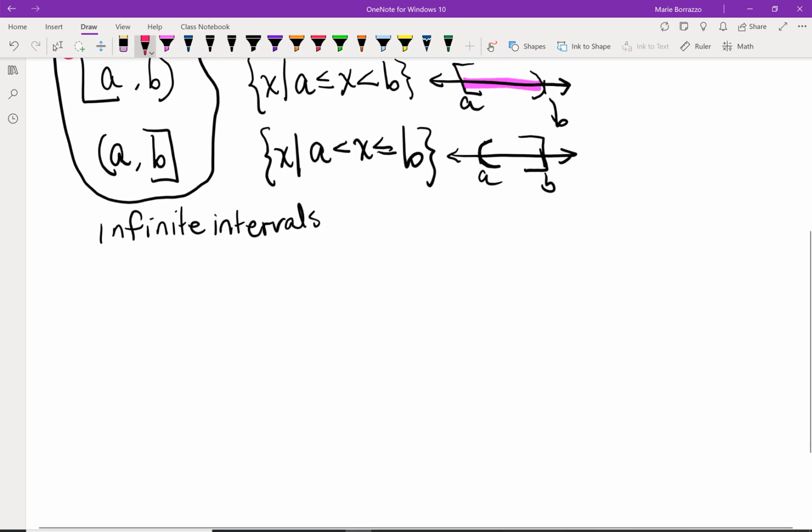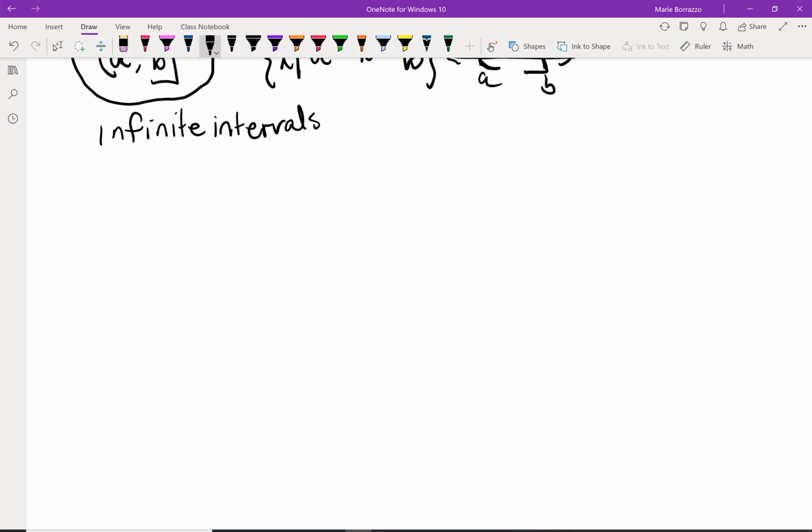All right. Infinite intervals. So that has to do with infinity. For example, infinity never has parentheses. So if I have values of A exclusive to infinity, infinity will always be a parentheses regardless.